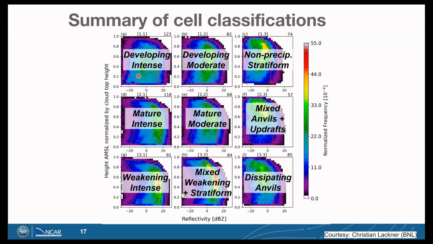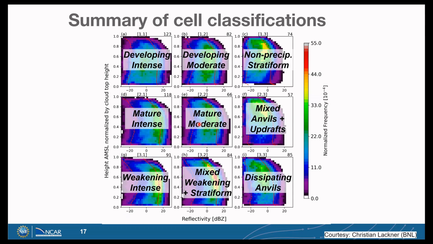These classifications, these names, come out of much analysis that's done in the paper that I won't go into the details of, but basically there's these different stages of the cellular convection that we believe is observed by the radar. We have these more intense life cycles, so developing, mature, and weakening.